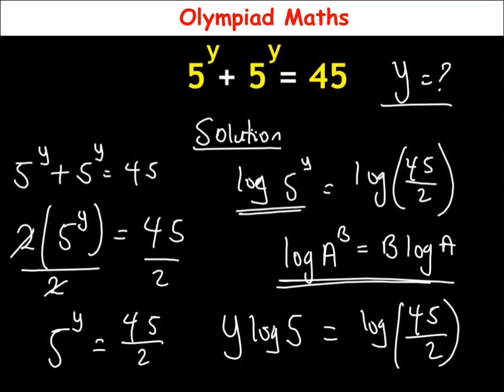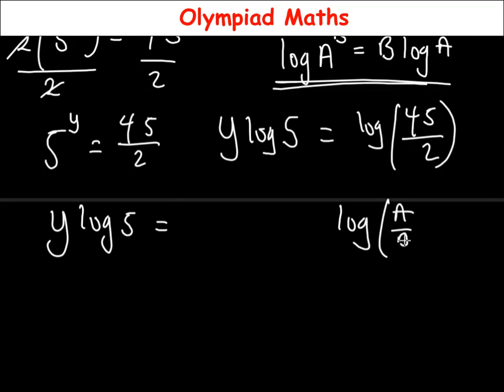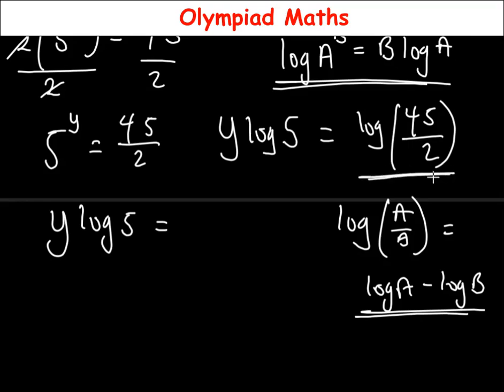Okay, so with this, to solve this further, we have it as y logarithm of 5 is equal to, now there's a rule that if you have logarithm of, in bracket, a over b, right, this equals logarithm of a then minus log b. So applying this rule also to this then becomes is equal to logarithm of 45 minus log 2.